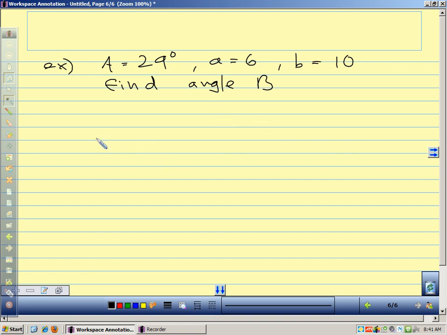So let's sketch out our triangle. Now we don't know exactly what it looks like, but we want to just get an idea of how we're going to use the law of sines here. This angle is 29 degrees. We'll call this angle B and this angle C. This side is 6.